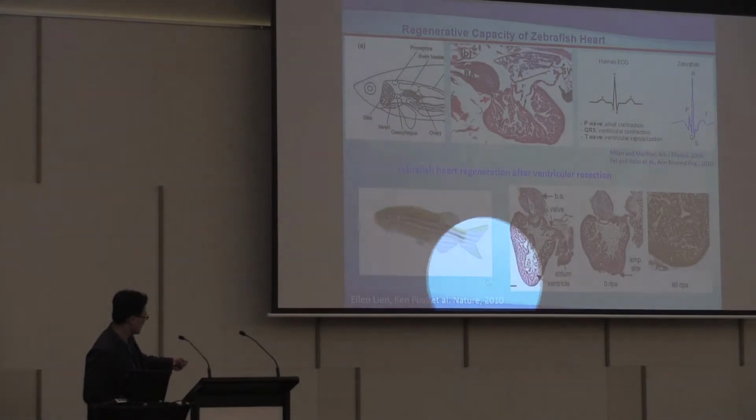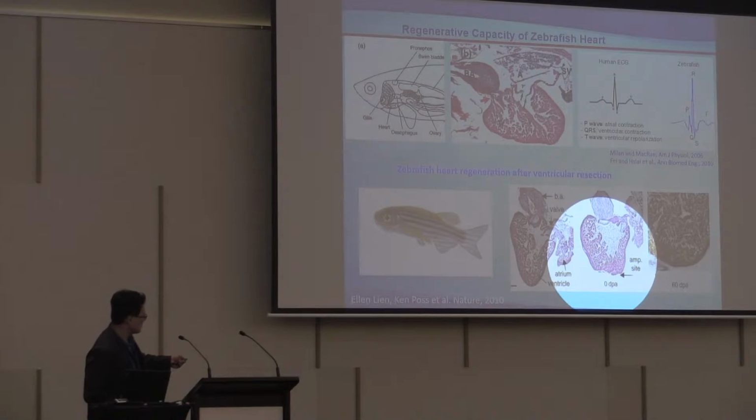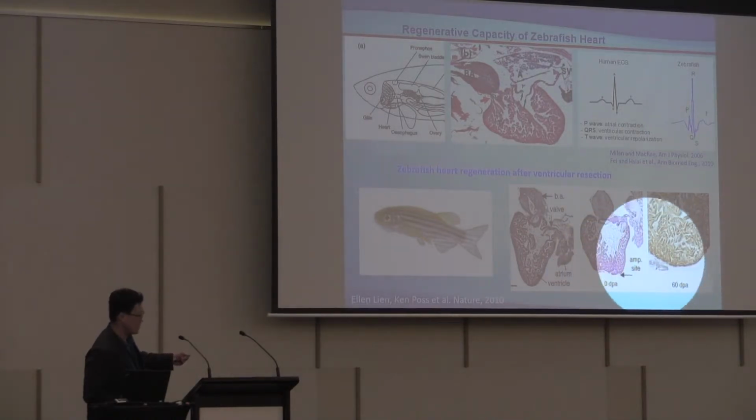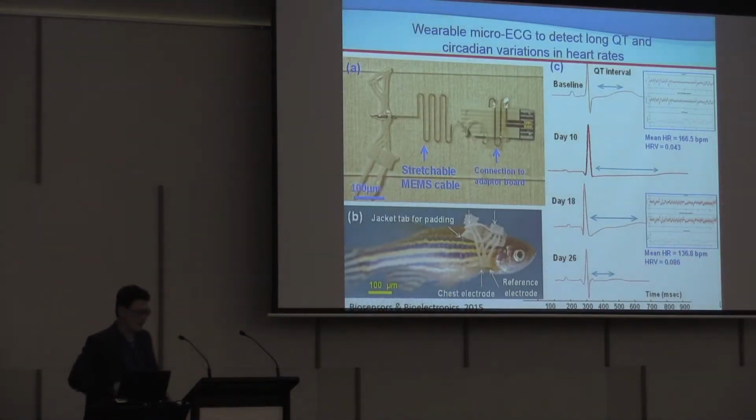And in 2010, Ken at Duke further illustrated the capacity for an amputated heart to undergo regeneration in 60 days. So by 60 days, one can see morphologic regeneration.